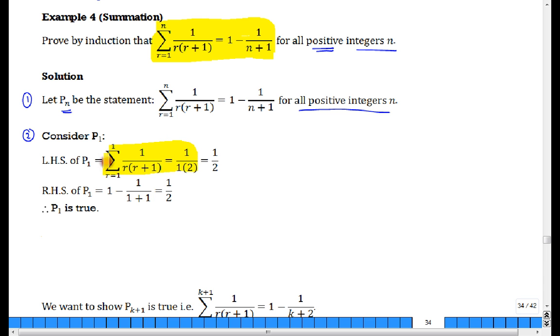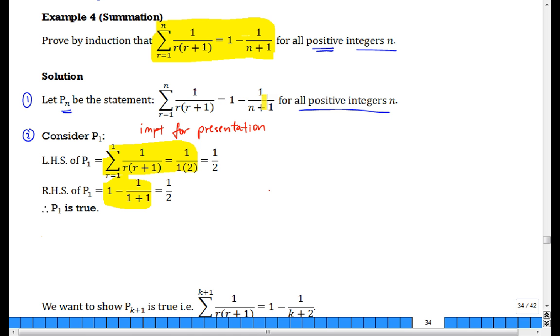This is important for presentation. You cannot jump from here to here. You have to show that you are using the left-hand side to get to half. The right-hand side also, you have to show that you are using this right-hand side here and substitute n equals to 1. So therefore, P1 is true.